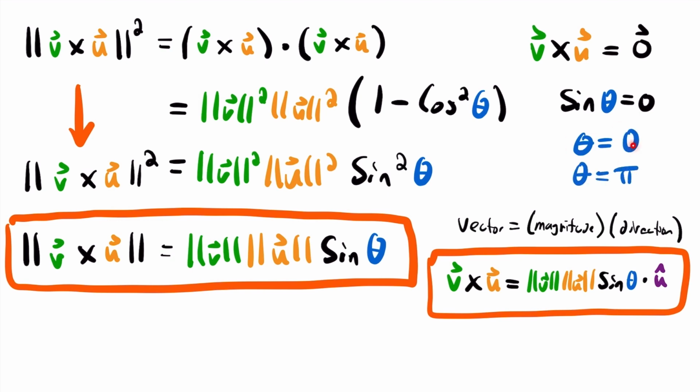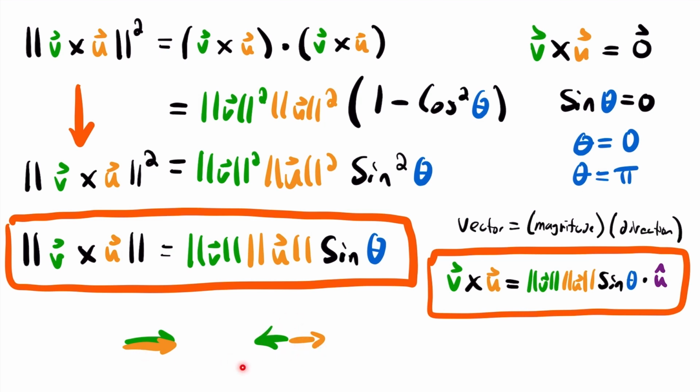And if you think about what that means, if the angle between vector v and vector u is either 0 or pi, that means that our vectors either look like this or like this. In this case, the angle between them is 0 because they're right over top of each other. And in this case, the angle between them is pi, or 180 degrees.